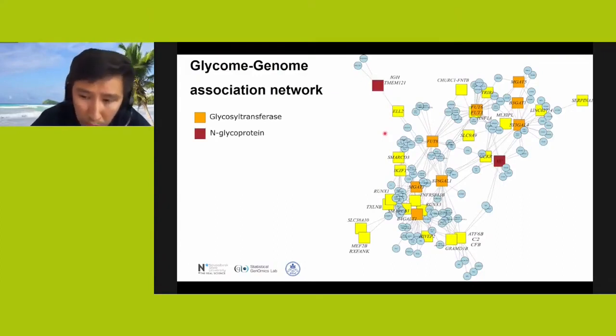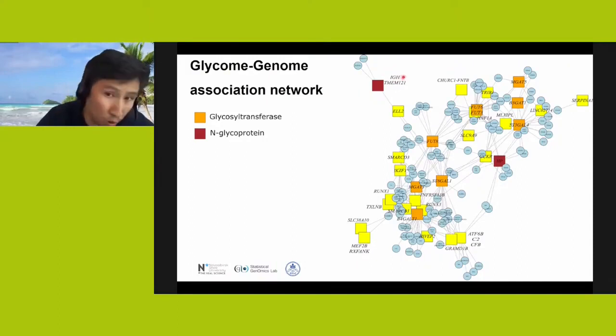Next, we see 2 loci that code N-glycoproteins. We see the IGH locus, which codes the heavy chain of immunoglobulin G. And we see the locus with haptoglobin, which codes, surprisingly, the amino acid sequence of the haptoglobin protein, which is quite abundant in human blood plasma and glycome.